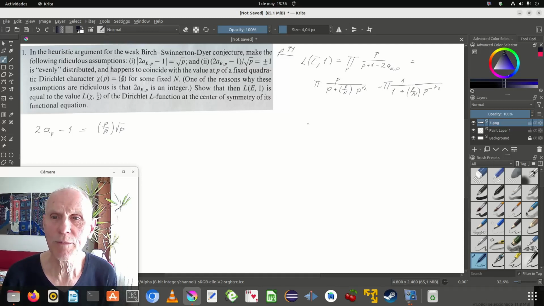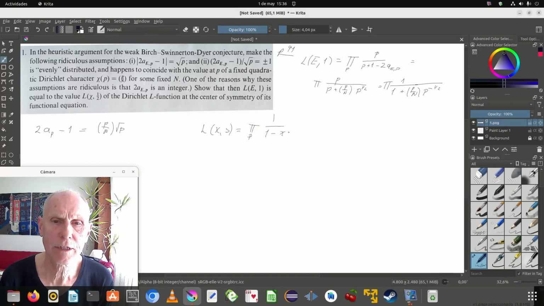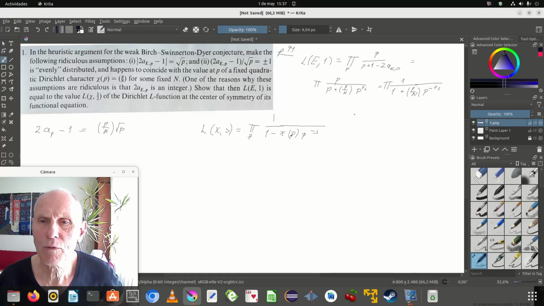This was extremely simple. What a surprise. We have L(chi, s) is the product over the primes of 1 minus chi(p) times p to the minus s. And that's exactly what we've got here.